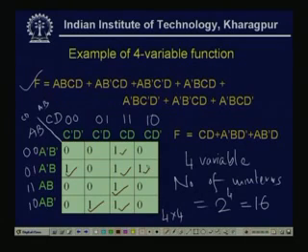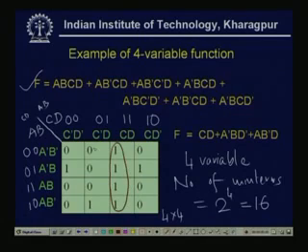So, all the minterms are included. Now, we try to find out the couple or the quad. Now, first we are seeing there exists one quad here.